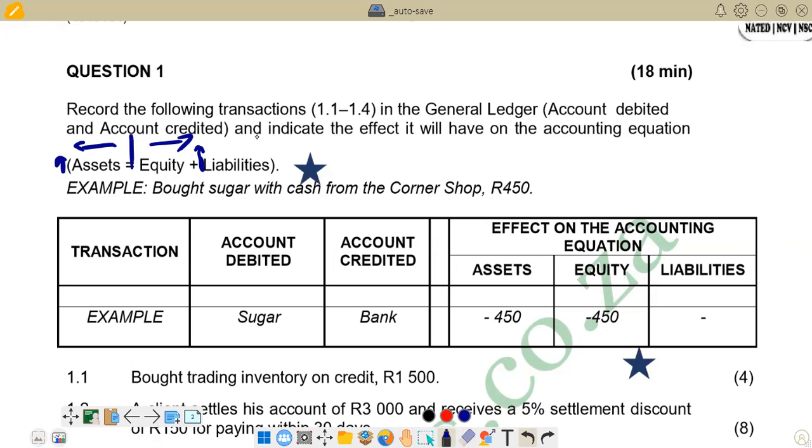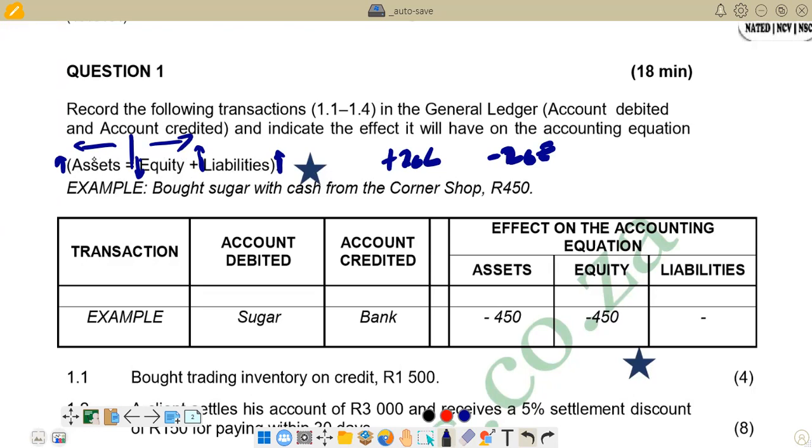And let's say this transaction is affecting equity and liabilities only. When we have such a scenario, if the transaction is increasing liabilities, it should decrease equity, because they are on the same side. We now have a negative relationship. So if it increases here and decreases here, it comes back to zero. For example, if it's a plus 20 for liabilities, and then we have a minus 20 for equity, it means it's coming back to zero, and the total of the credit will be the same as the total of the assets.